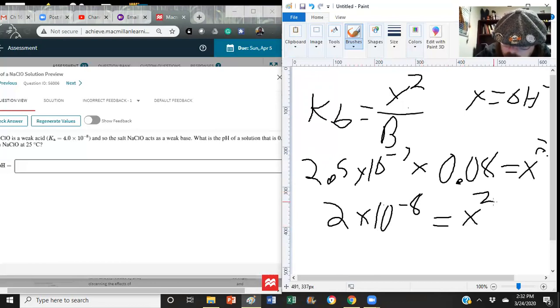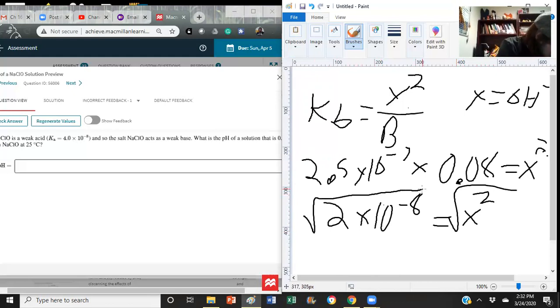We take the square root of both sides to get our x. So I get x is 1.41 times 10 to the negative fourth.